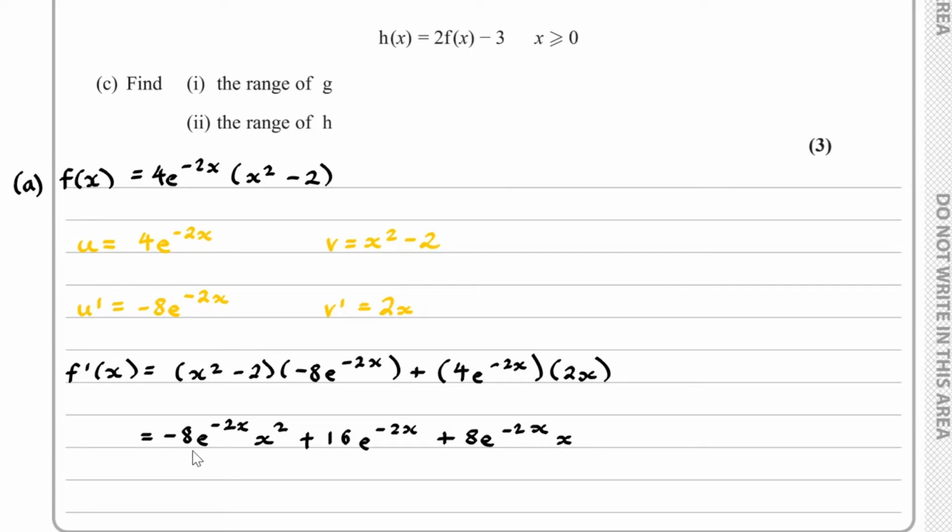And if we factorize out an 8, and then factorize out an e to the minus 2x, inside this bracket we have minus x squared plus 2 plus x.